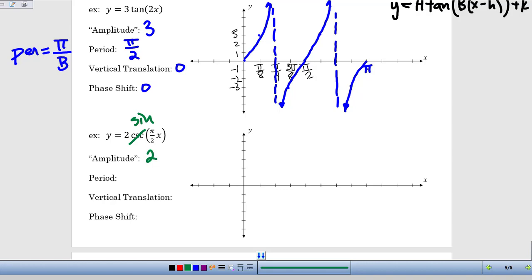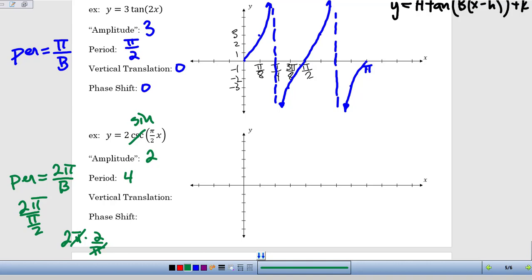Our period, we're back to that standard period of 2 pi over b. Well, if we take 2 pi and divide it by pi over 2, what we really need to do is 2 pi times 2 over pi, the reciprocal. So our pi's cancel out, so our period is going to be 4. Nice user-friendly number for us, as we experienced before.